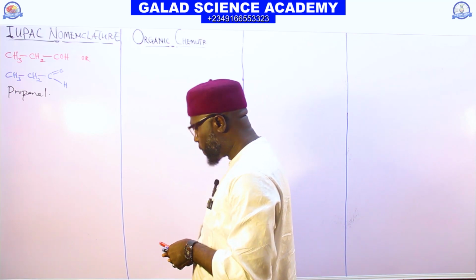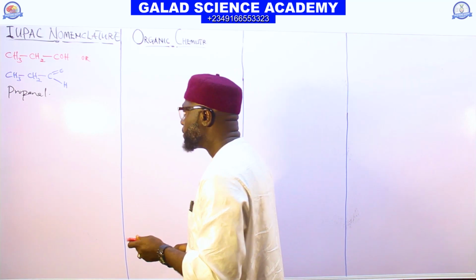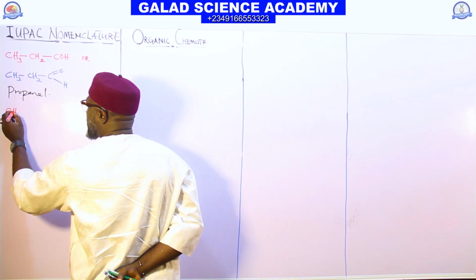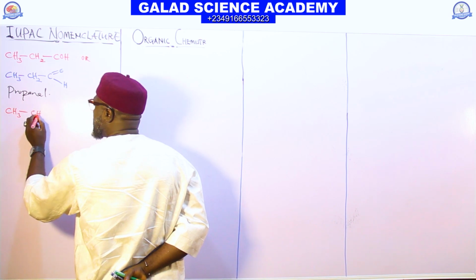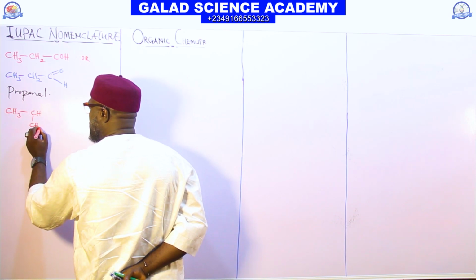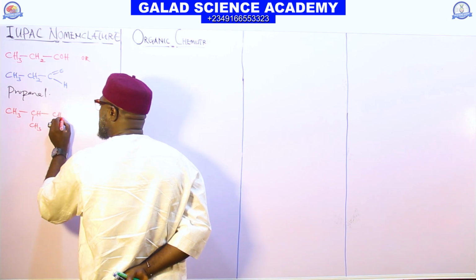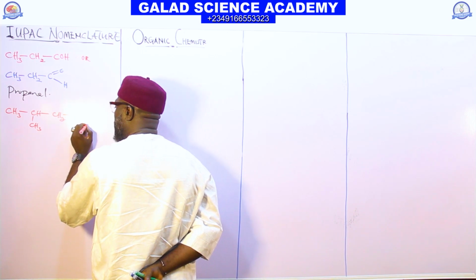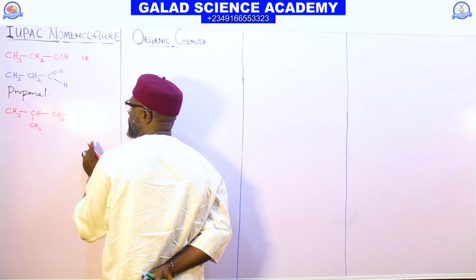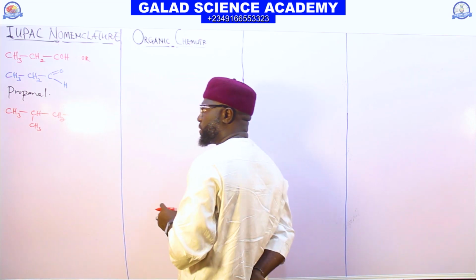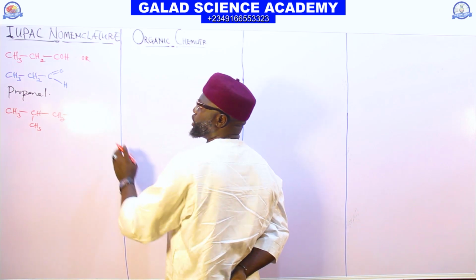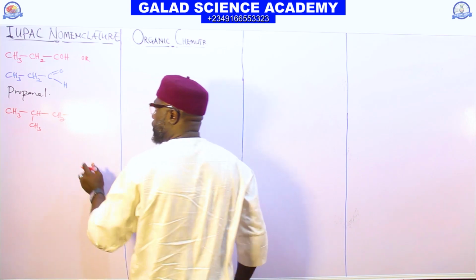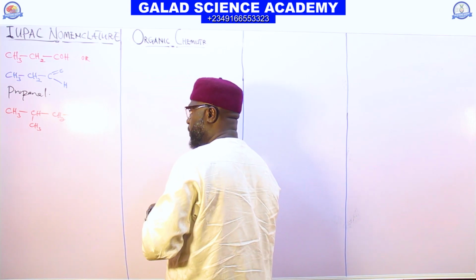In another form, let me say we have CH3, CH, CH3, CH2, COH. What is the name of this compound? A compound with COH is an alkanal.